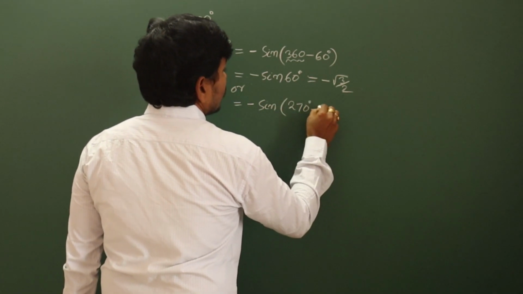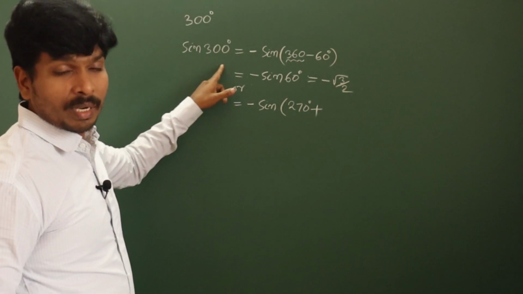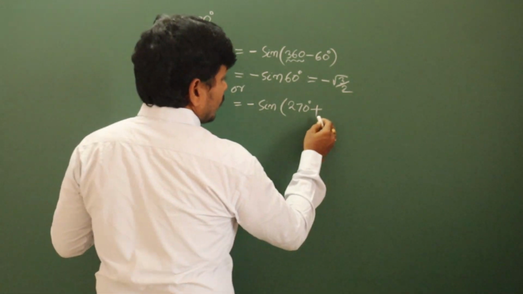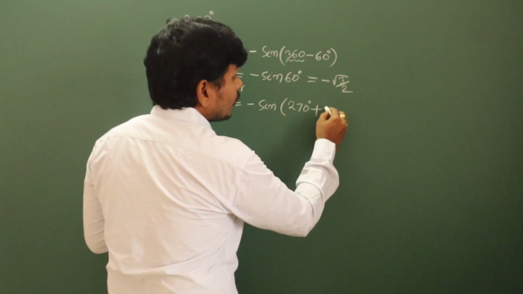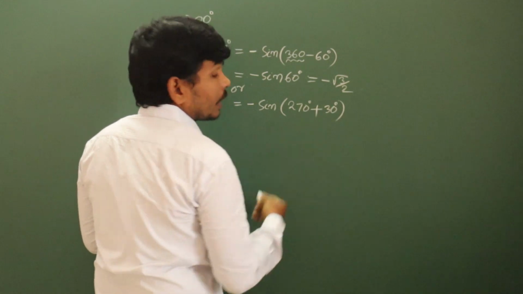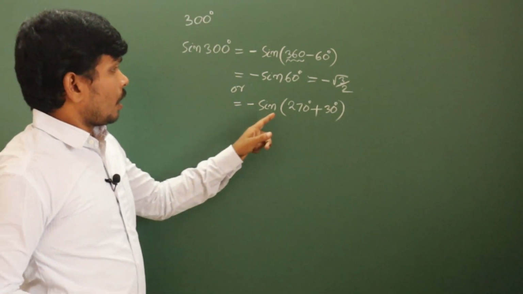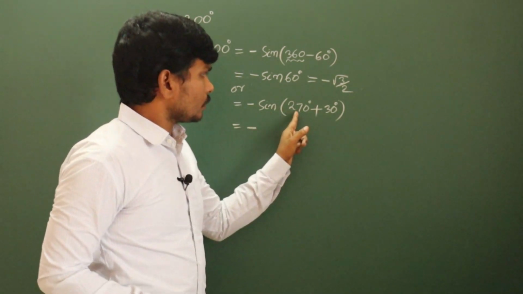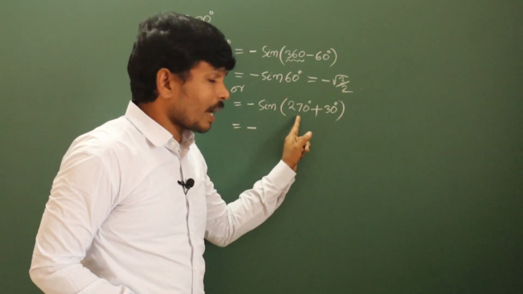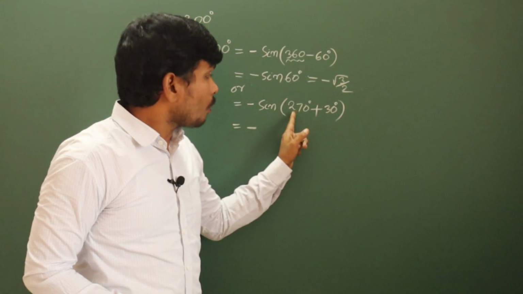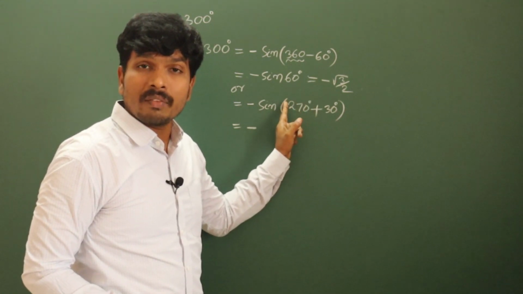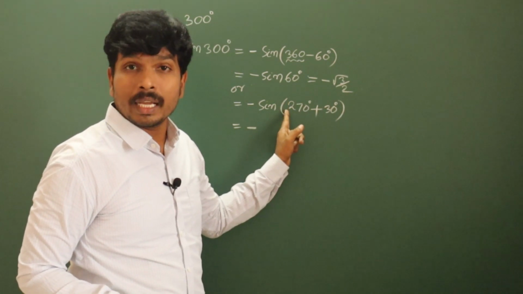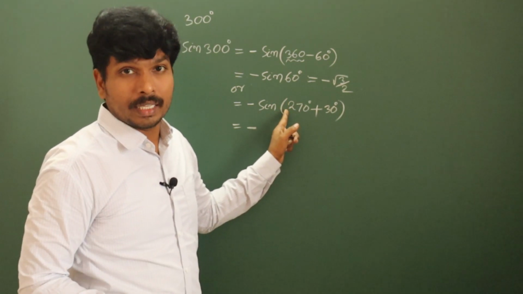270 degrees plus what theta value? You must get 300, no? So your angle is 30 degrees. Observe now. Here you have 270 degrees. How many right angles are there in 270? 3 into 90, which is an odd number of right angles.